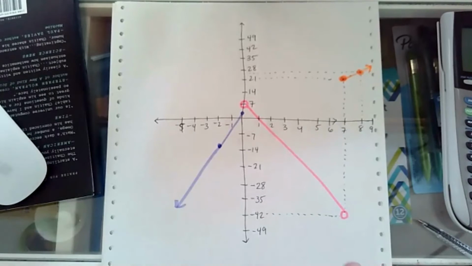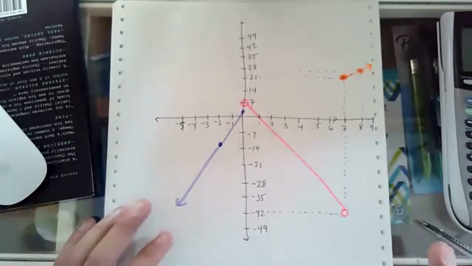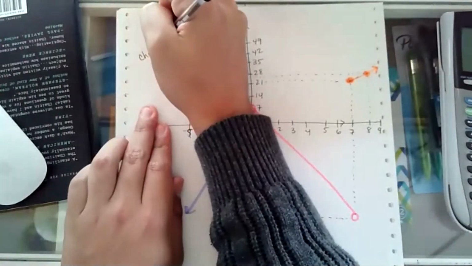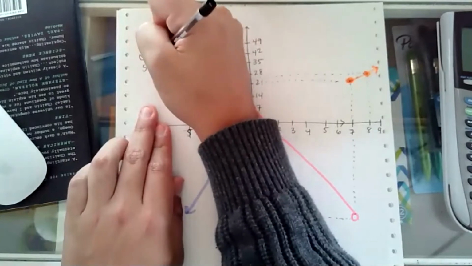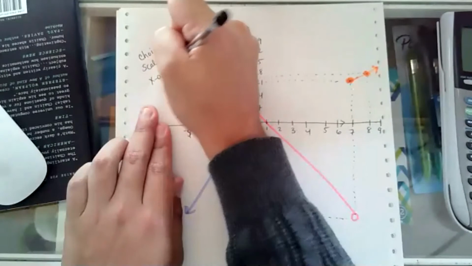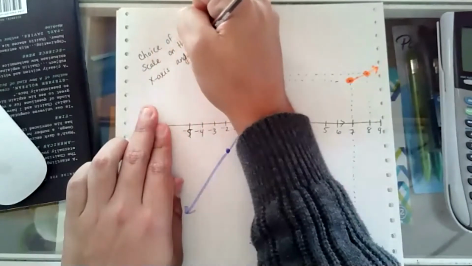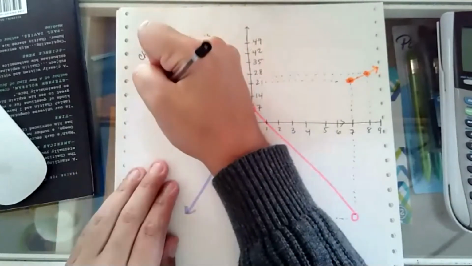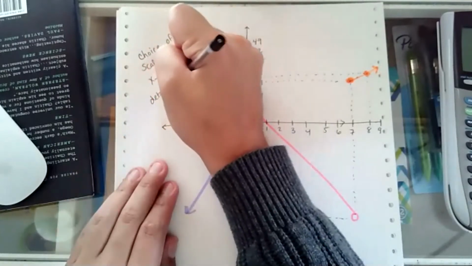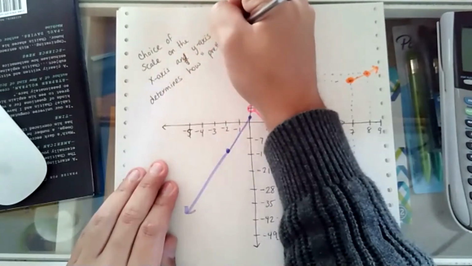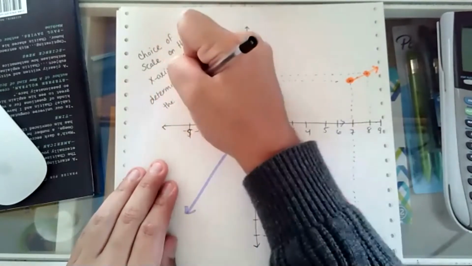But that's going to be the process for graphing one of these things. The choice of scale is important. Let me say that. Choice of scale on the x-axis and y-axis determines how, let's put it this way, how pretty the graph looks.